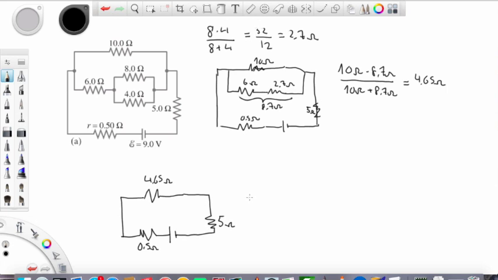And now the R equivalent of these three, which is the same as the R total, is just the sum of all of them. So 0.5 ohms plus 4.65 ohms plus 5 ohms. So that gives us 9.65 plus 0.5, that's 10.15 ohms.